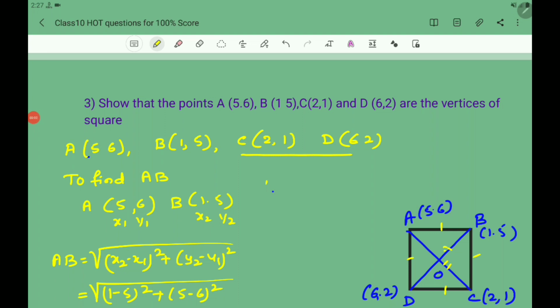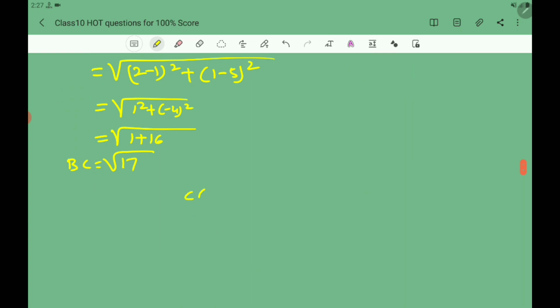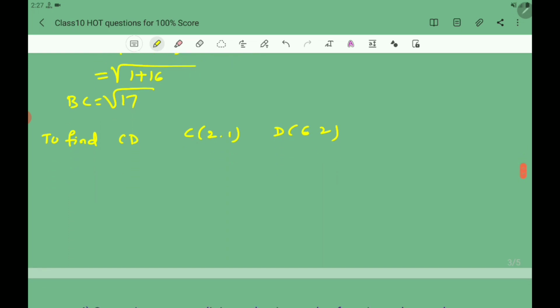Next to find CD, C(2,1), D(6,2). Here you take x1, y1, x2, y2. Then you write CD equals square root of (x2 minus x1) whole square plus (y2 minus y1) whole square.